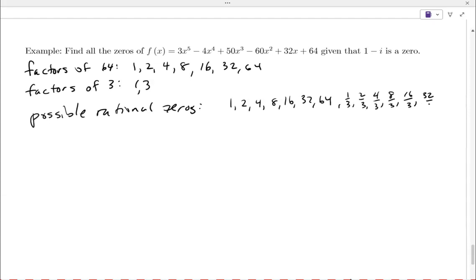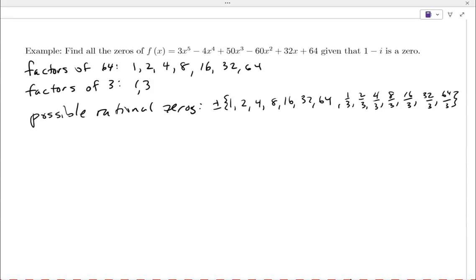Yep. And then what can we do with all of those? Plus or minus. Good. So again, the factors of the constant are your possible numerators. The factors of your leading coefficient are the possible denominators, all right? So we're just doing all of the factors of 64 over 1, all of the factors of 64 over 3. That's how we're getting the list. Does that make sense?